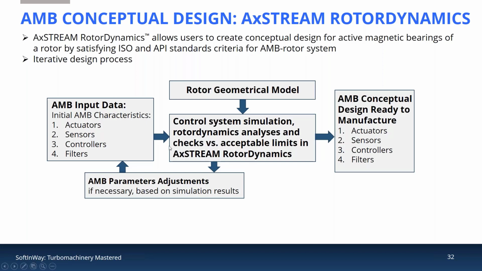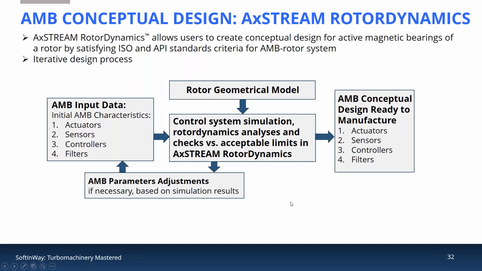Then, the control system simulation in Extreme Rotor Dynamics indicates whether all the limits for the rotor safe operation are acceptable. It may require additional steps or additional iterations to define the optimal AMB parameters. After that, these parameters form the AMB conceptual design ready for implementation.